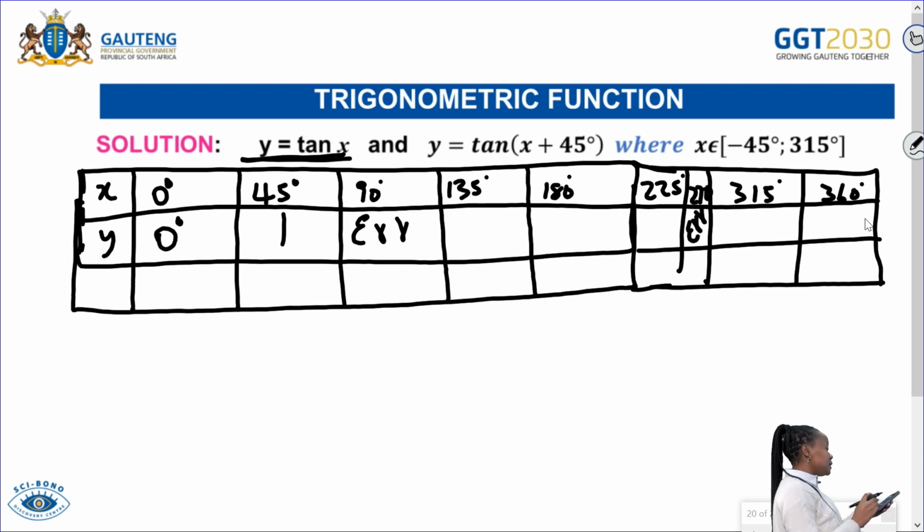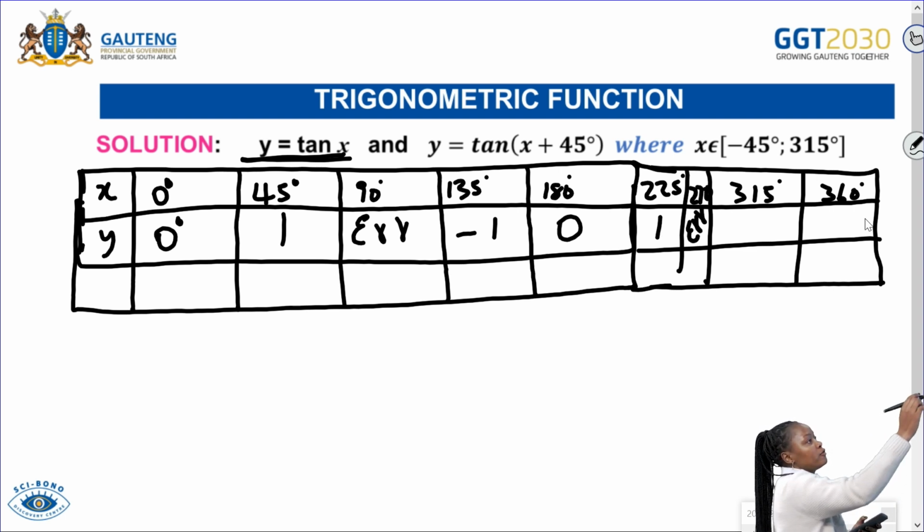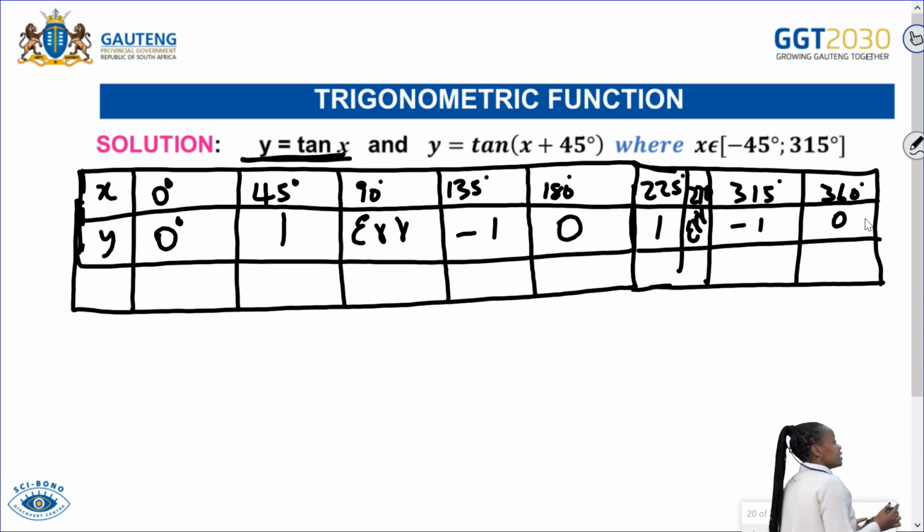At 135, you'll have -1. And then at 180, it's 0. And then at 225, it's 1. Then you have undefined, then you'll have -1, and then you'll have 0. So that's your mother graph.